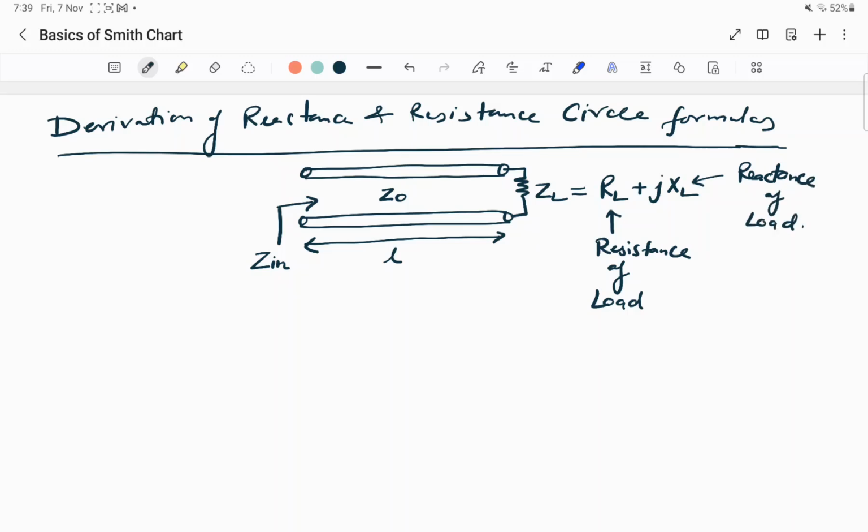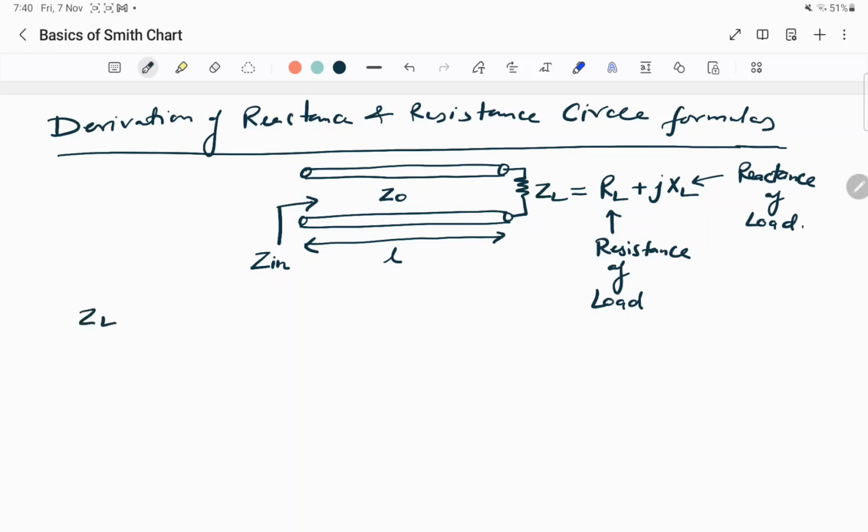Now in a Smith chart, the plots are always normalized with respect to the characteristic impedance of the transmission line. That means whenever you plot a load impedance or the input impedance, you always plot normalized impedances. So that is why we are going to normalize our load impedance ZL with respect to the characteristic impedance of the transmission line, which is Z0. So let us do that.